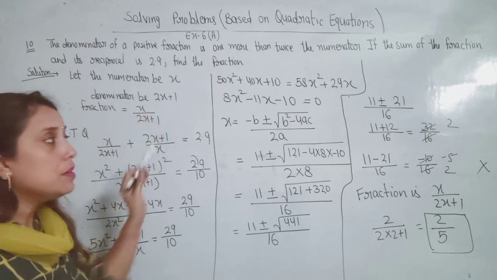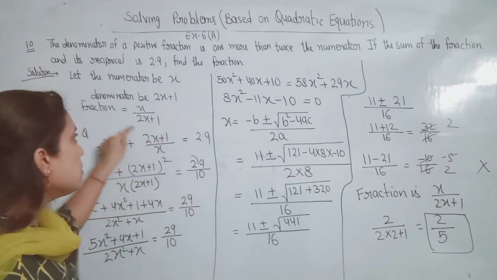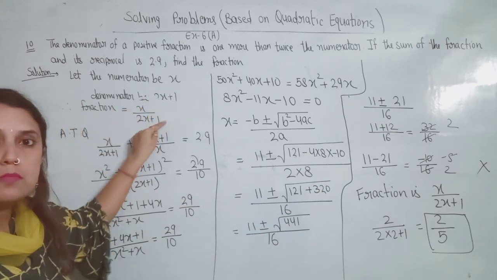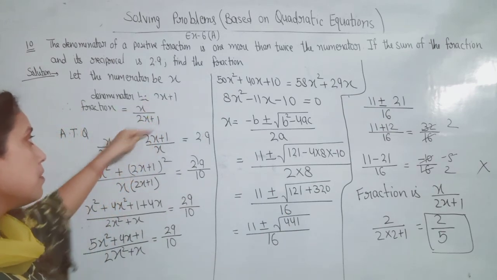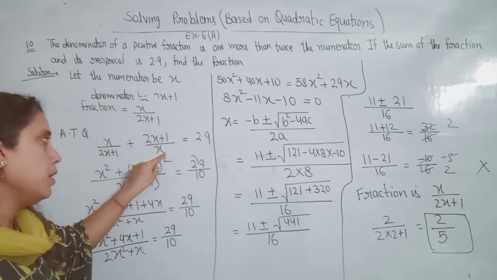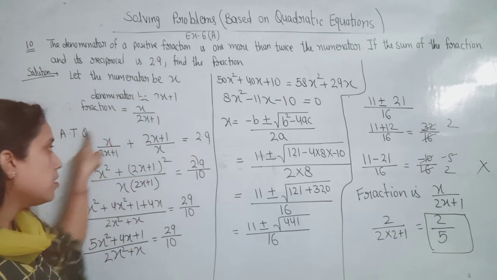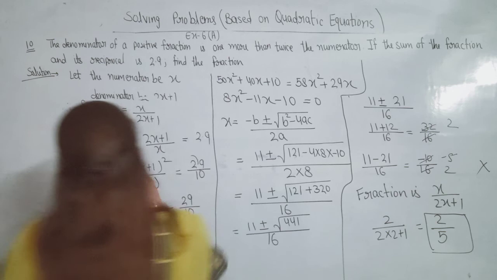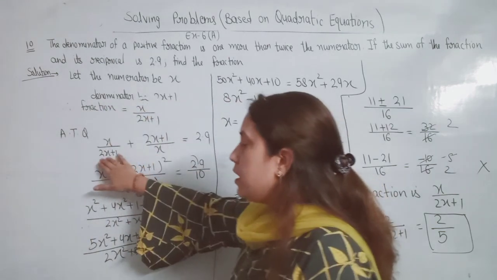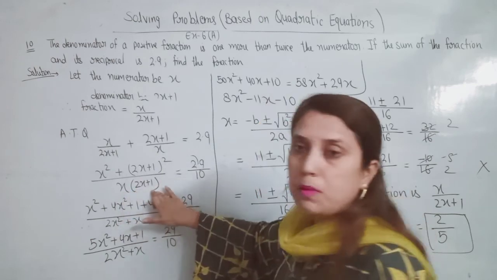Now in the question it is given the sum of the fraction, which is x upon 2x plus 1, and the reciprocal of the fraction, which will be 2x plus 1 upon x, is equal to 2.9. So this is the equation. Now solve the equation. First we take the LCM. The LCM of 2x plus 1 and x is x into 2x plus 1.